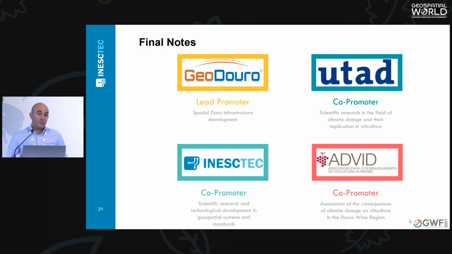Because we intend this solution to be used not just in the region but in other regions, we have to prepare a structure that enables us to go to other regions and other territories.